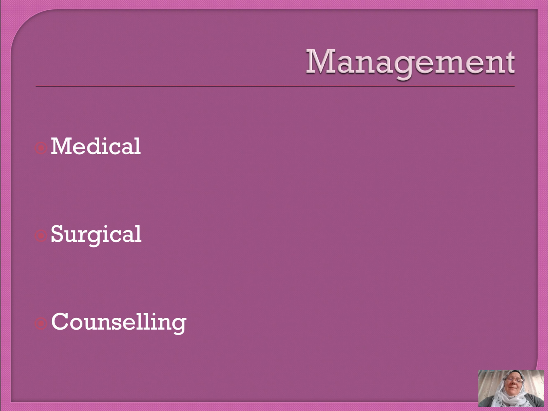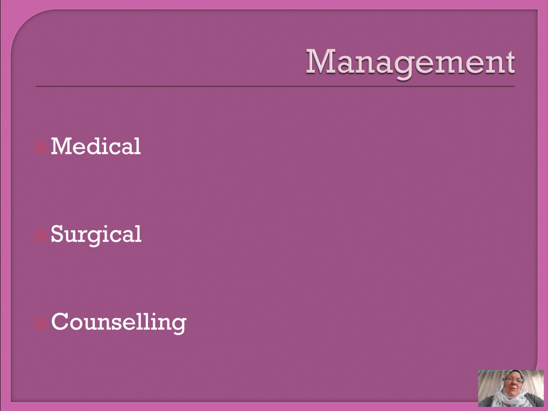The medical option should usually be offered to women whose beta HCG is less than 5,000, or some stipulate less than 3,000, and where there's no cardiac activity and the sac is less than 3 to 3.5 centimeters in size. So this sac was very small and there was no cardiac activity, so she could have either medical or surgical treatment.